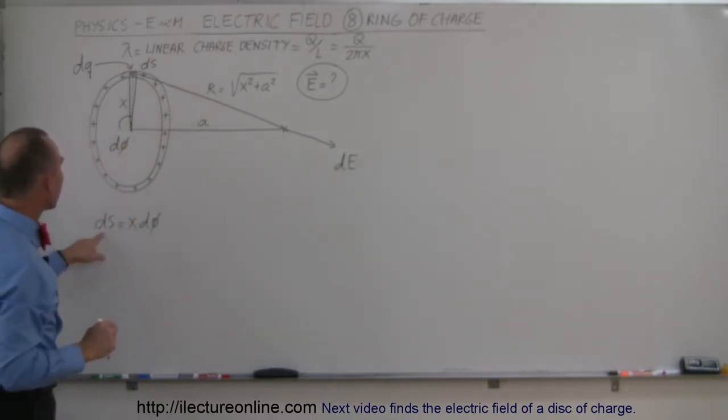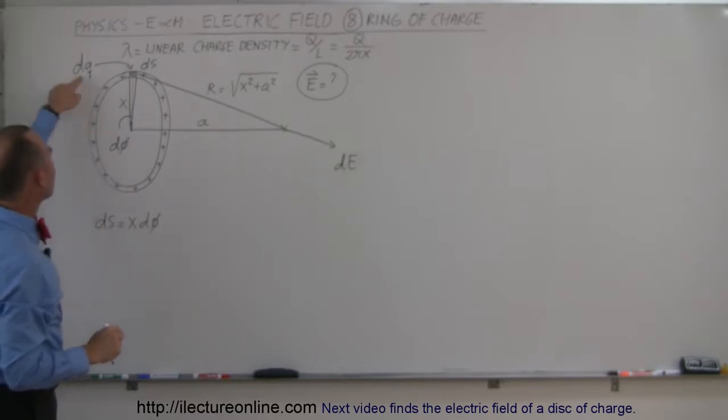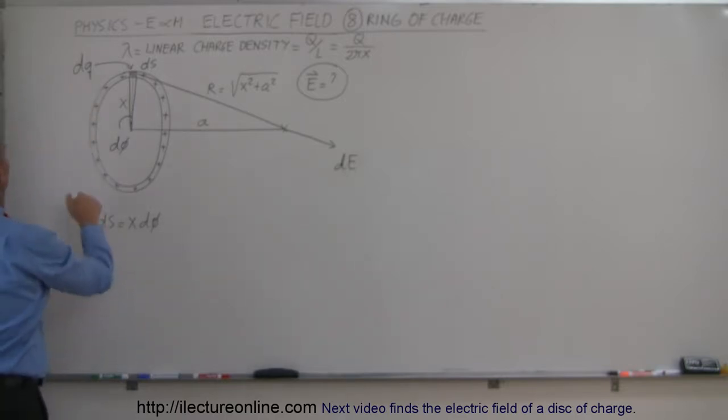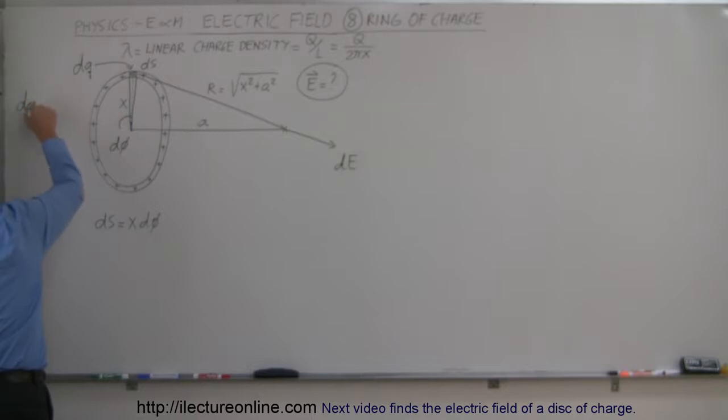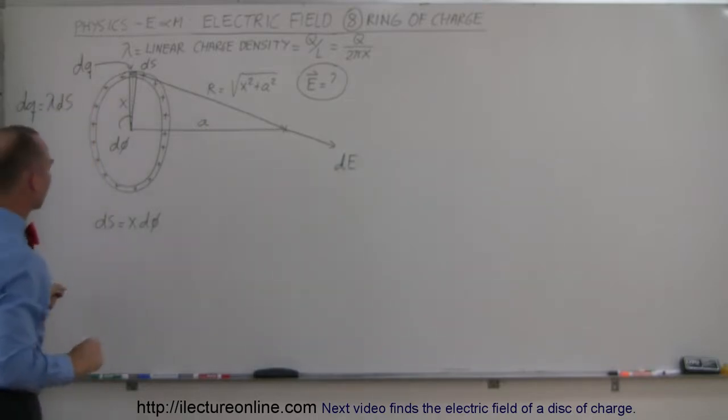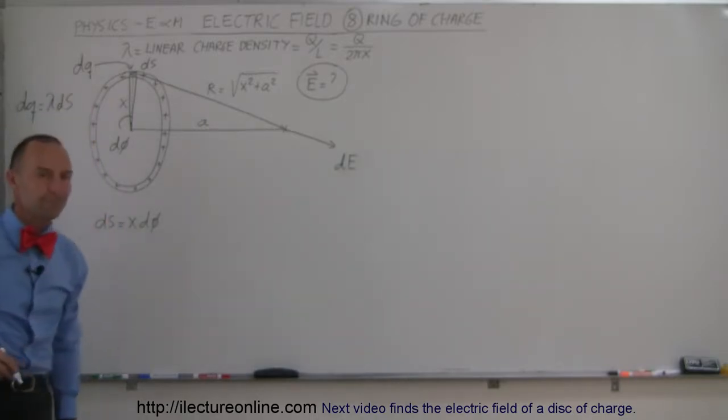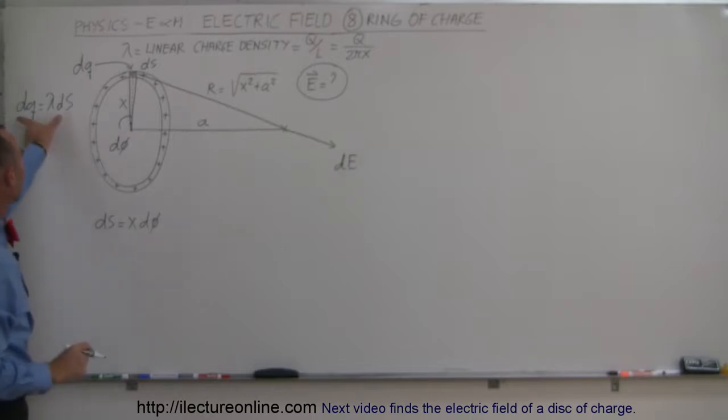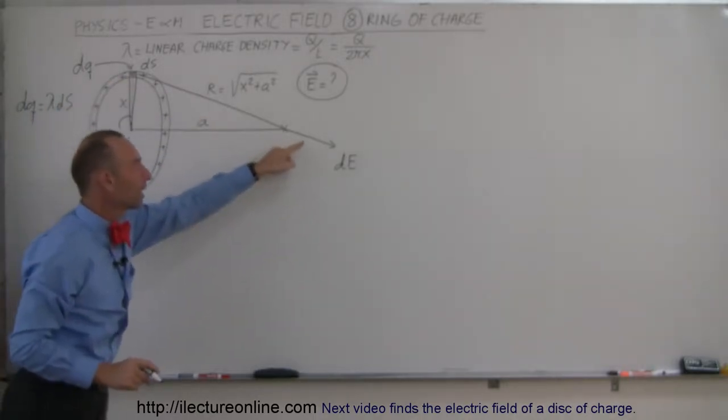And then we can see that ds can be related to dq as follows. We can say that dq is equal to the linear charge density lambda times the small little length of that segment ds, which of course is x d phi. All right, so that's the charge that causes the electric field right here, dE.